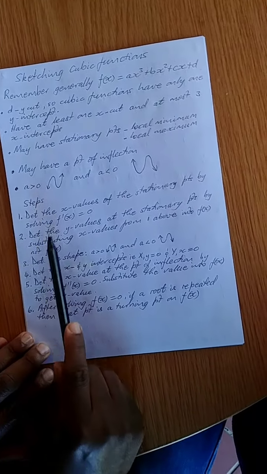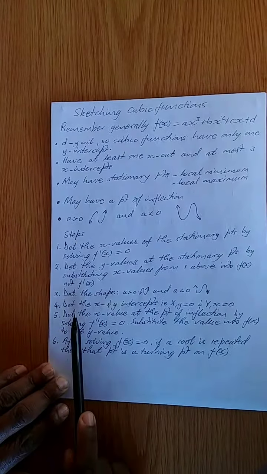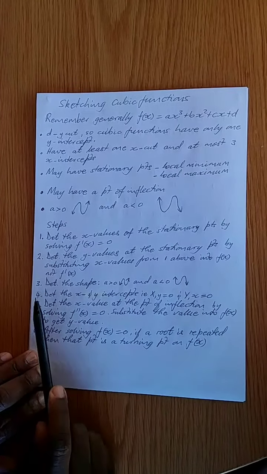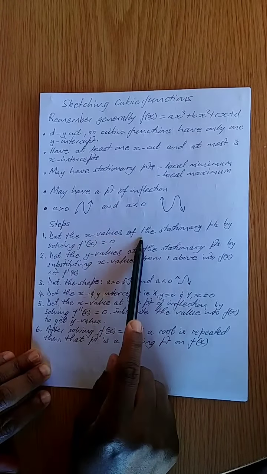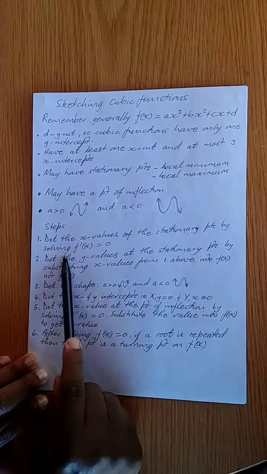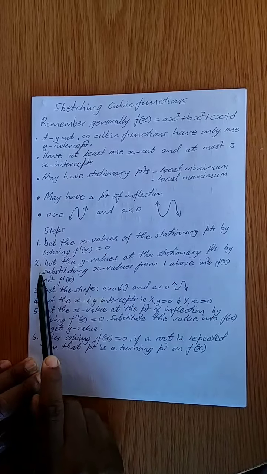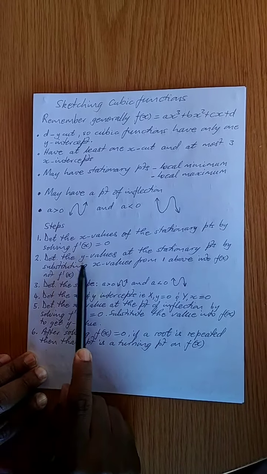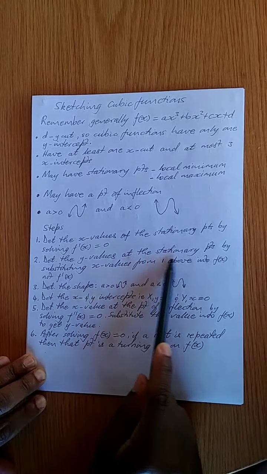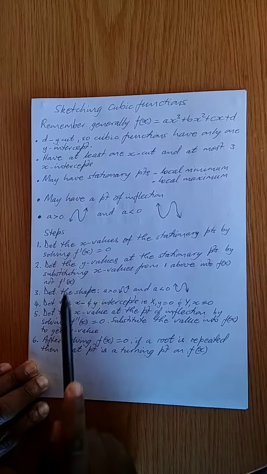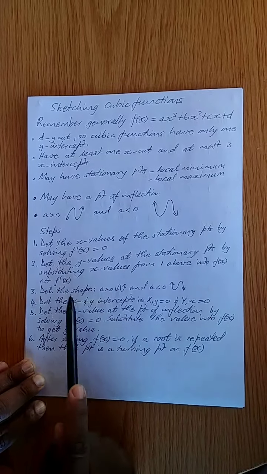These are the steps that we have to go through in order to sketch a cubic function. First, we determine the x values of the stationary points by solving f dash of x equals 0. Second stage, determine the y values at the stationary points by simply substituting our x values from step 1 to get the corresponding y value.